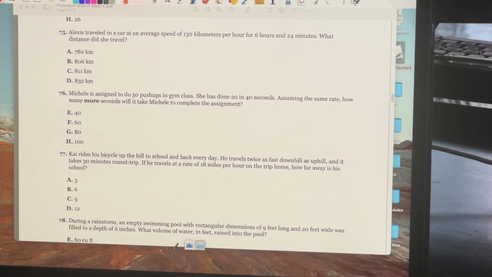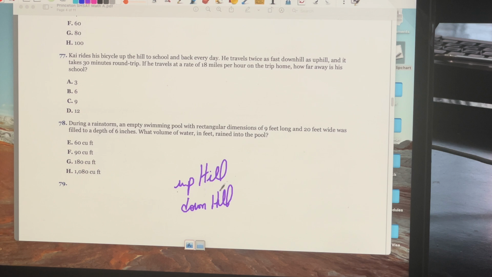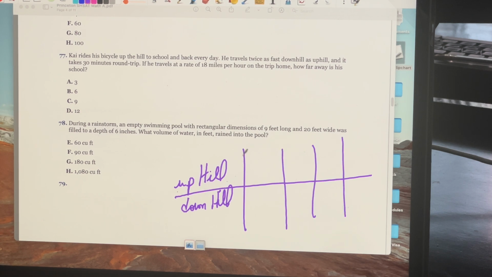76, 77. Finally a distance-rate question. Okay, so we have two categories, up the hill and down the hill, and that's how I'm going to set up my table. If you remember, it's rate times time equals distance.